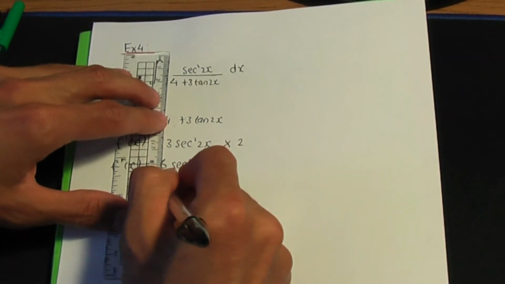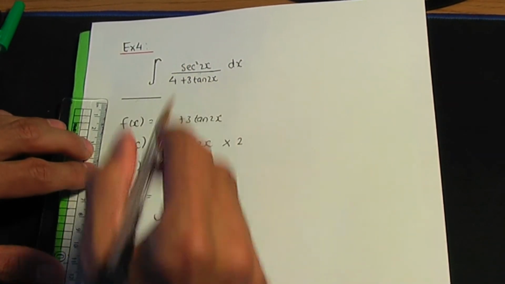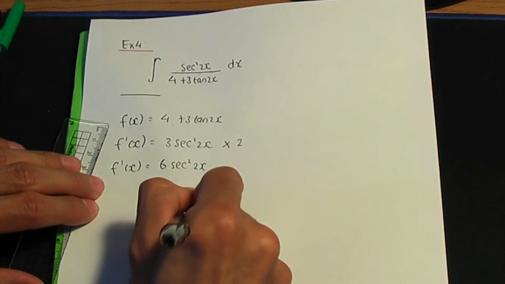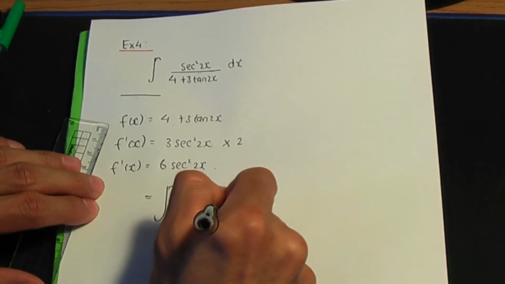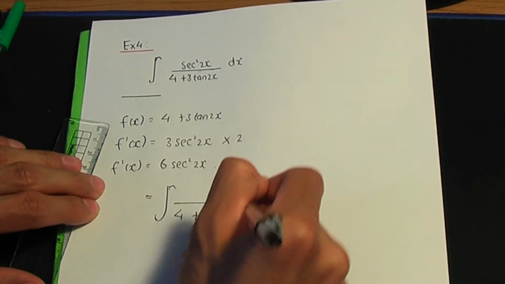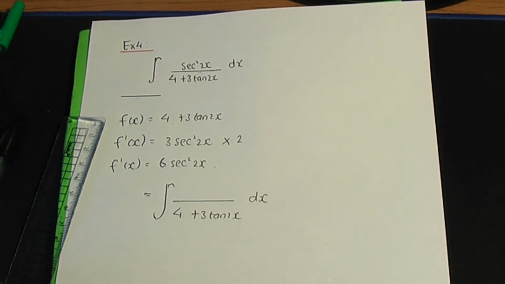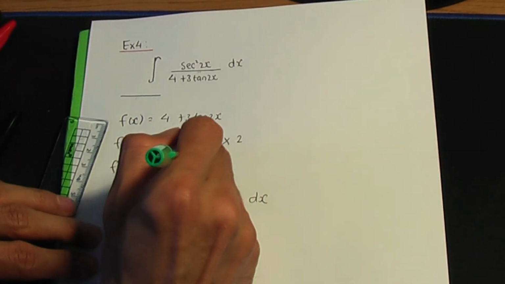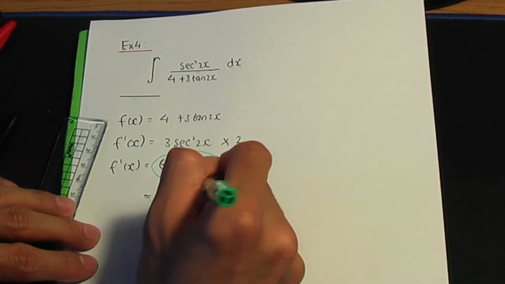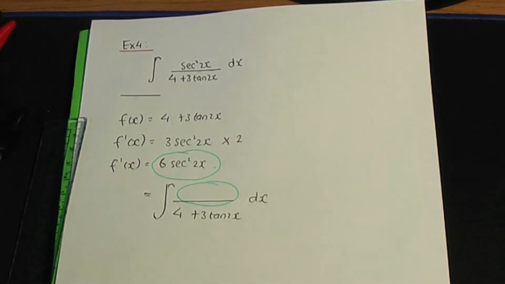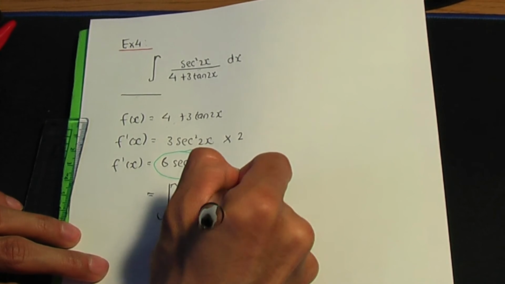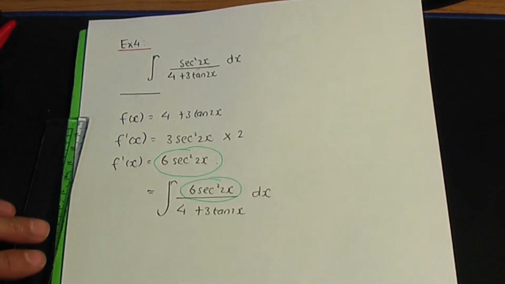Remember the idea: we need to rewrite this integral. Keep the denominator term as it is, so keep the 4 plus 3 tan 2x. And remember, in that video, the f primed, 6 sec squared 2x, keep that on the top, so green with green, copy that on the top.